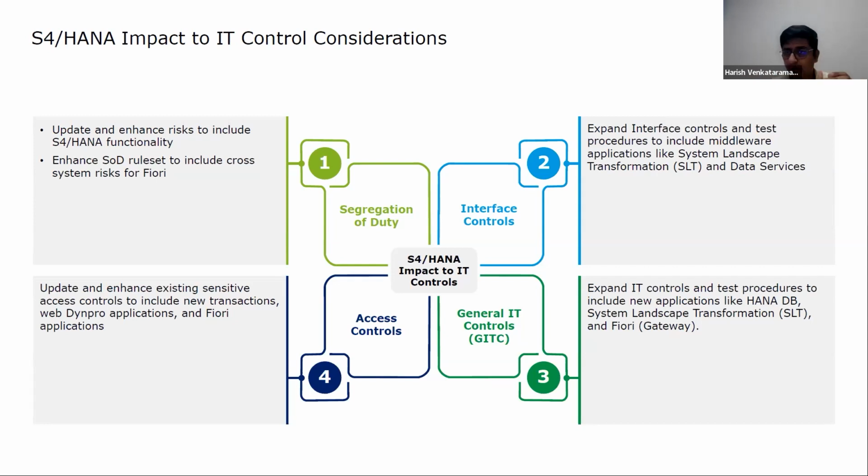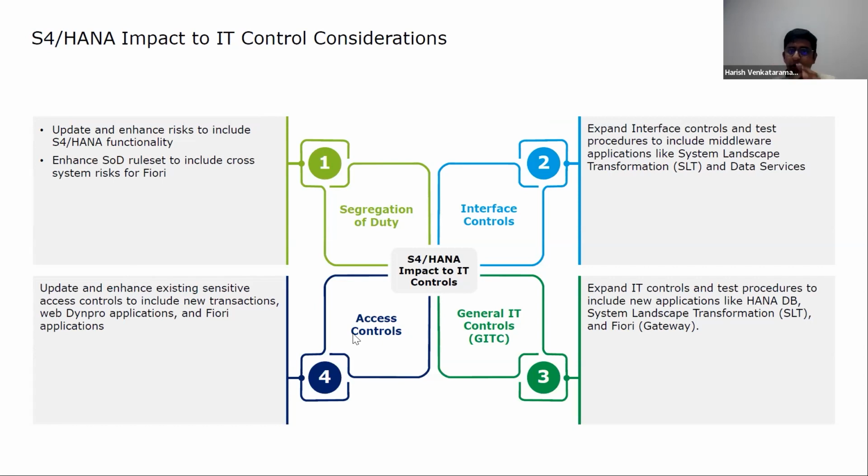And what it also calls for, as we have discussed about Fiori, is that there is also something called System Landscape Transformation, SLT, that facilitates all of your other processes in relation to changes and systems management, right? We should consider those systems also in place, which were no longer in place until SAP ECC. Such interfaces of SLT and middleware applications should also be scoped in, or we should understand the new architecture of SAP S/4, which will have a significant impact on the way controls operate compared to SAP ECC.